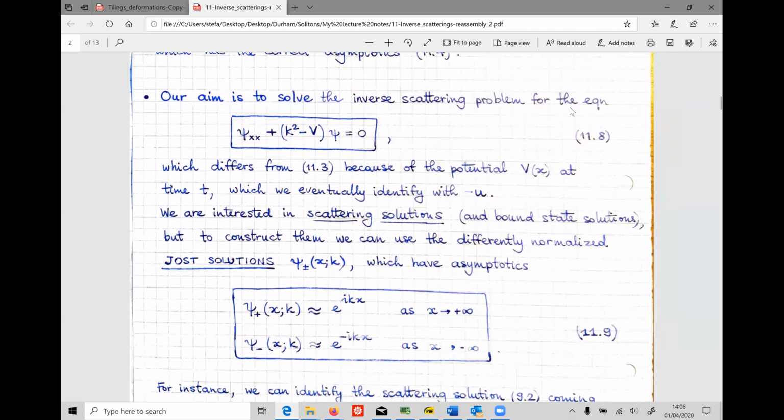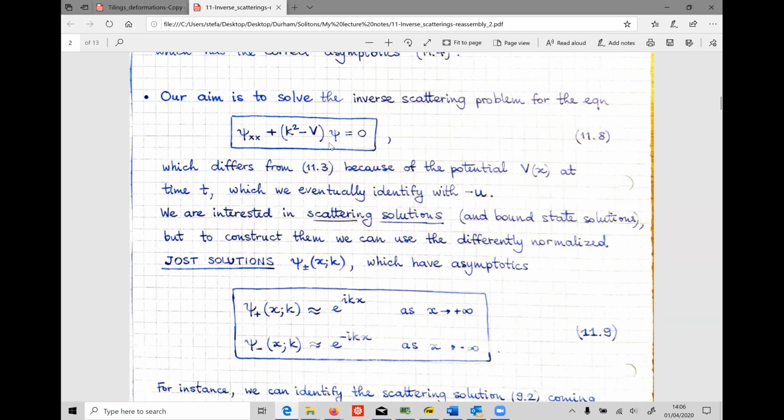We want to solve the inverse scattering problem for the time-independent Schrödinger equation 11.8, which has the potential V, which we will, as usual, eventually identify with minus the KdV field at a fixed time. As I discussed already quite a bit this term, we're actually interested in scattering solutions and also bound state solutions, which can be obtained from them.